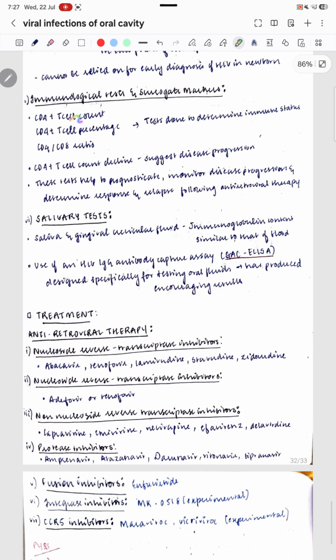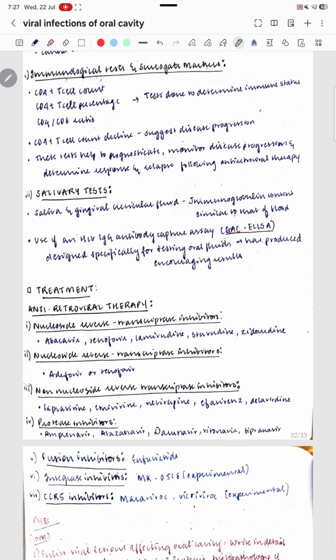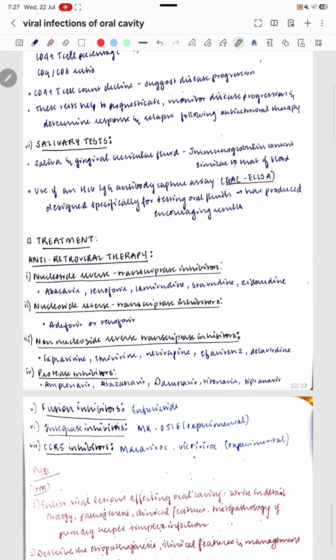Immunological tests: CD4 cell count can be seen, CD4 cell percentage and ratio. Then you have your salivary tests, and in the salivary test you check the saliva, that is the circulating fluid, for the immunoglobulin content and the antibodies captured in the saliva, that is IgG, that is formed against HIV.